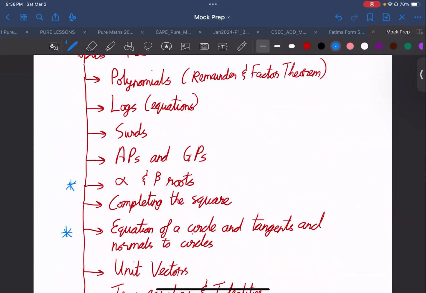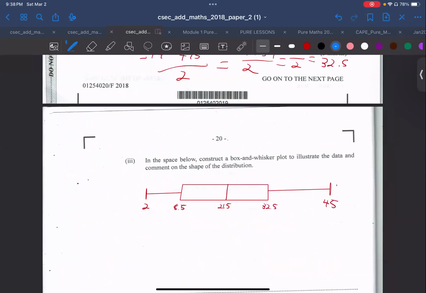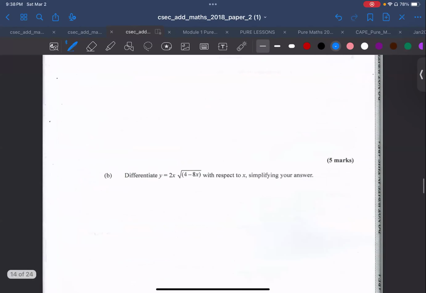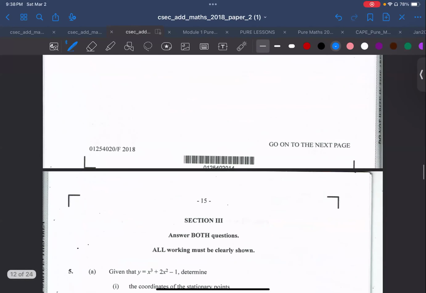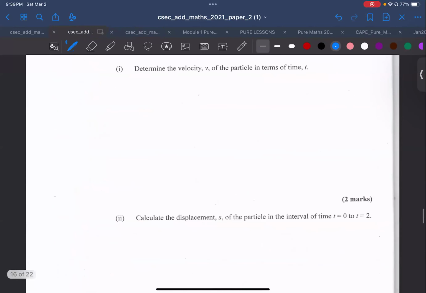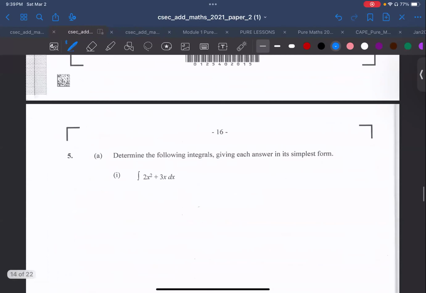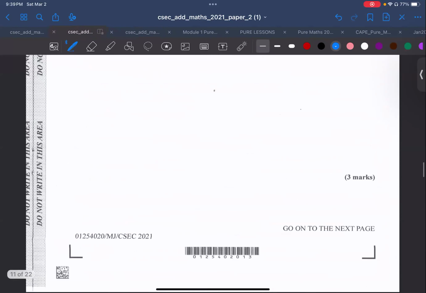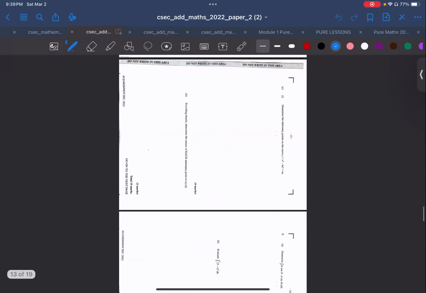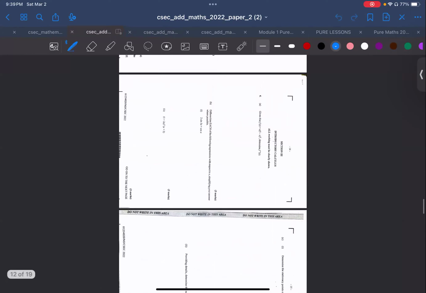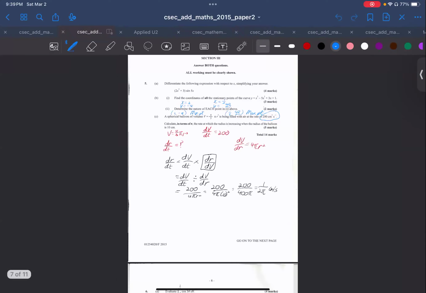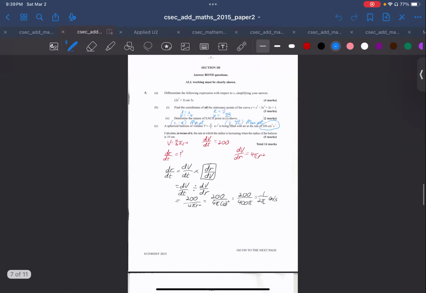So change. Let's see. Oh yeah, no, for statistics, for the exam, yeah. All right. So many people are here.